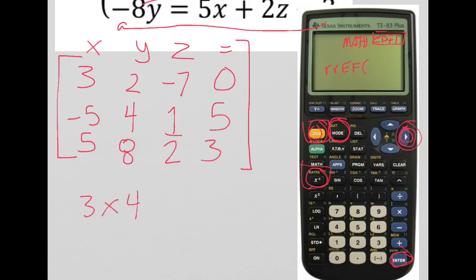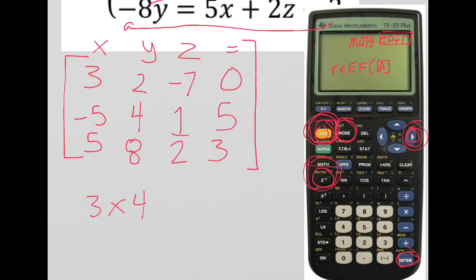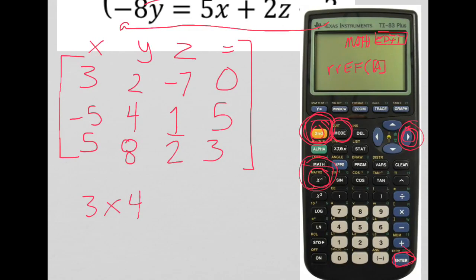And now go back into your matrix. So second matrix again. And now we want to hit enter on matrix A so that we're doing the RREF on matrix A. Like that. Hit enter, and you will get a bunch of really ugly decimals.